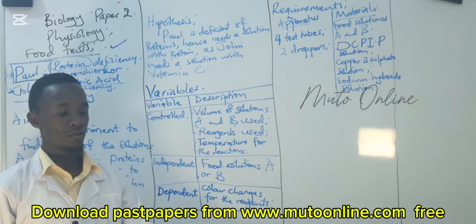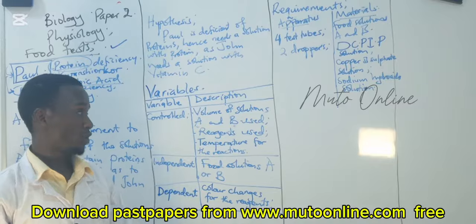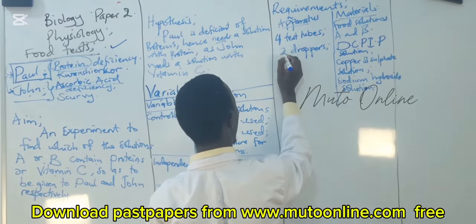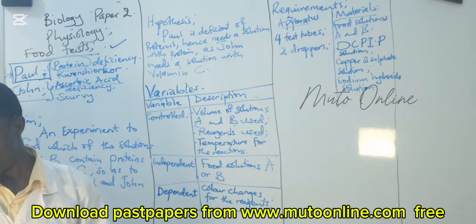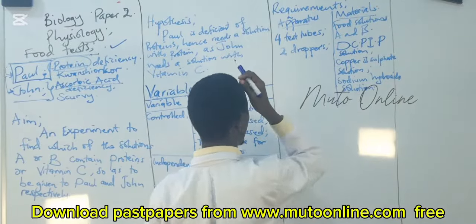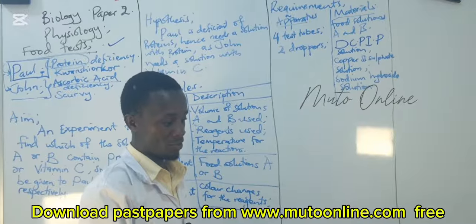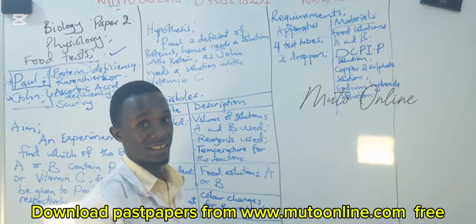For adding the food solution to the DCPIP in a test tube for A and B. So what we shall use in A will not be the one that we shall be using in B. What else do we need? I think basically they will be the ones for this food test.